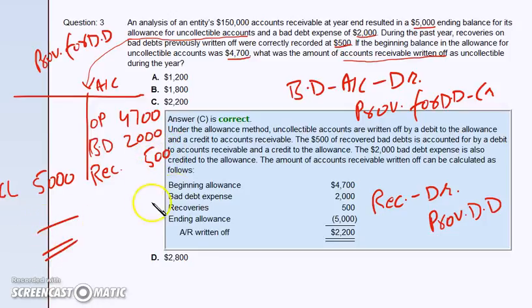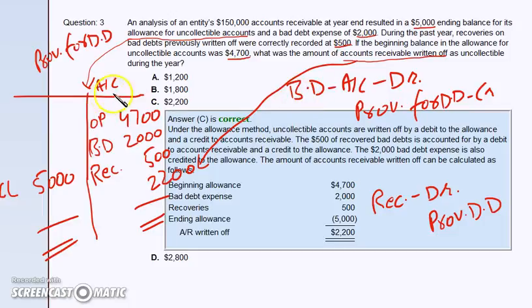So once you balance this T account, you are going to get 2,200, right? Now what is this 2,200? This is basically the amount of accounts receivable written off during the year, right?